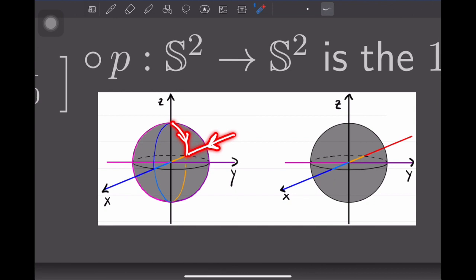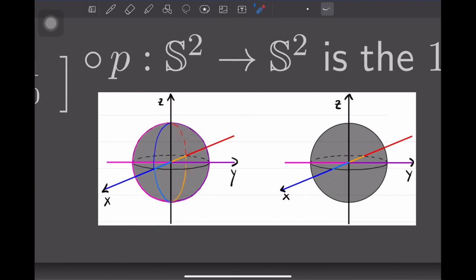When I invert, I obtain this interval, but traversed the other way. And when I project back to the sphere, what I obtain is this one. So the comparison between the first one and its image turns out to be rotation by 180 degrees around the x-axis.